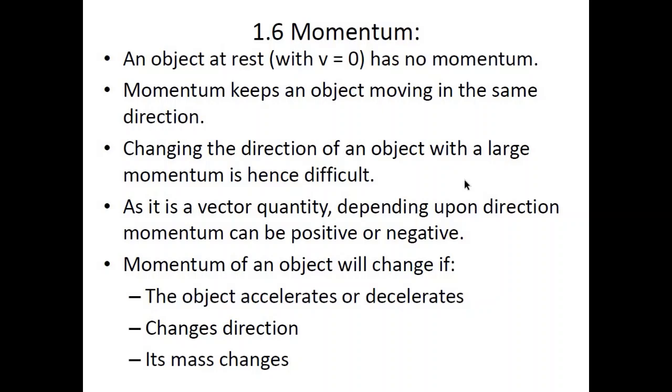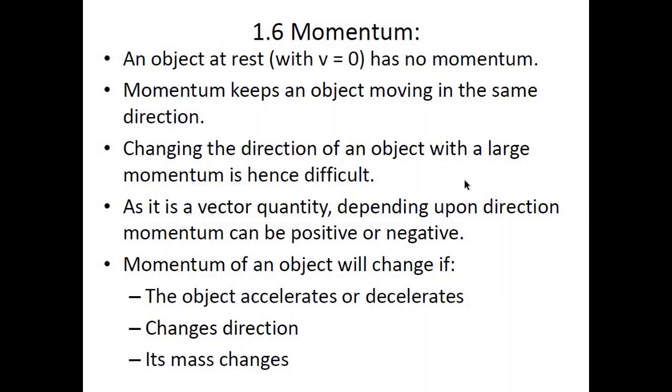Now if an object with a greater mass is moving, then to deviate it from its path, you are going to require a very huge amount of force. Hence, objects with a larger momentum, with a larger mass or with a very high speed, are difficult to push from the path they are traveling.